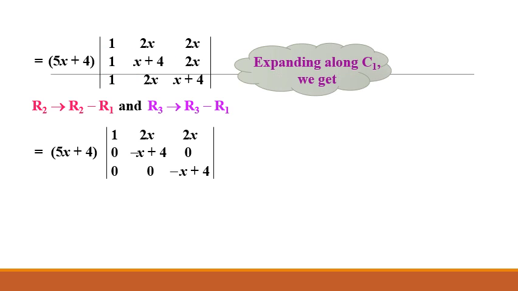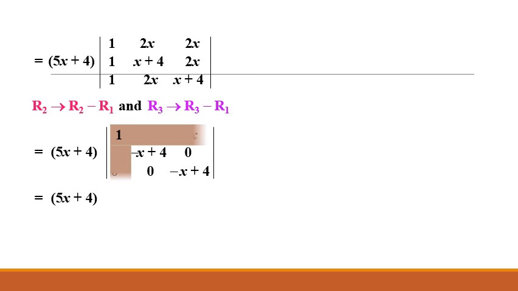Now we will expand the determinant using C1. So 5x plus 4 into 1 into minus x plus 4, and minus x plus 4 is repeated 2 times. So it will be 4 minus x into 4 minus x, which is equal to 5x plus 4 into 4 minus x whole square, which is the required RHS.